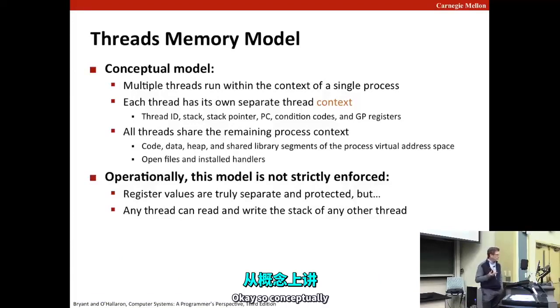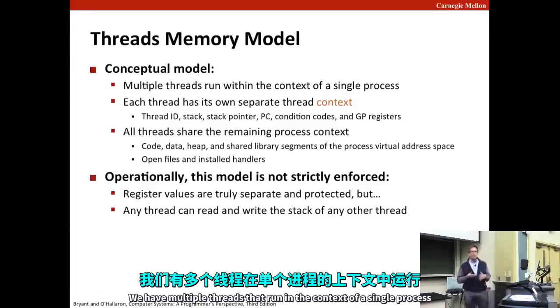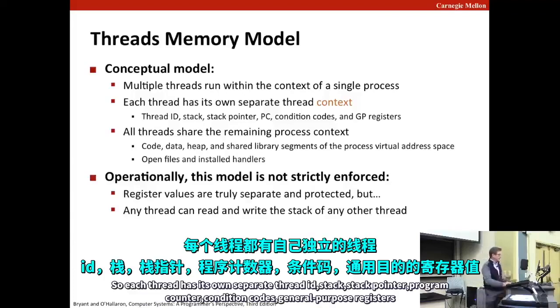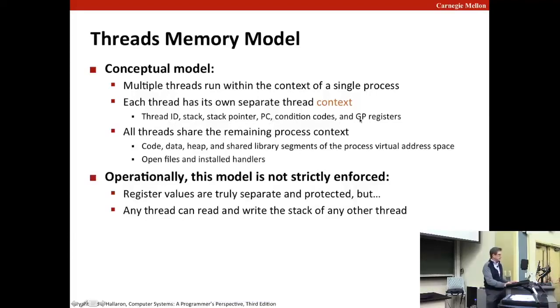Okay, so conceptually, we have multiple threads that run in the context of a single process. And some of that context is shared and some of it's not shared. So each thread has its own separate thread ID, stack pointer, program counter, condition codes, general purpose registers.